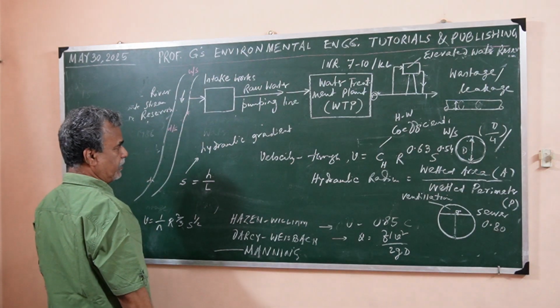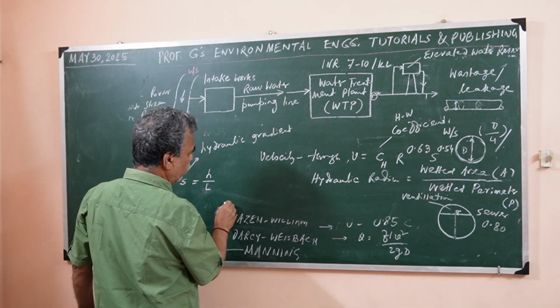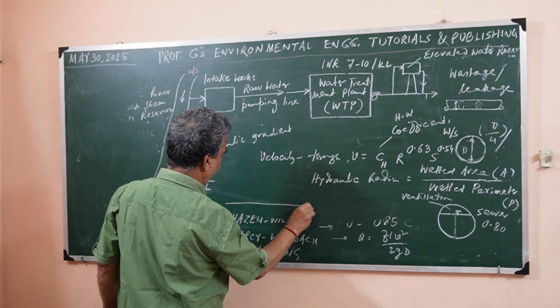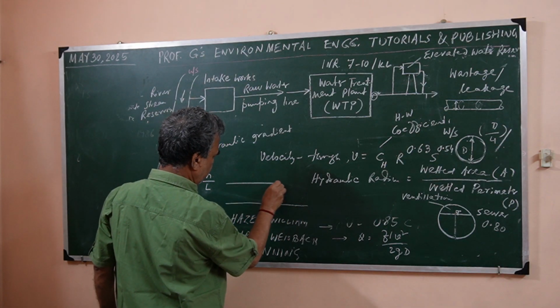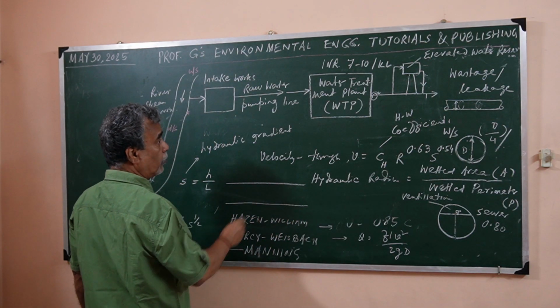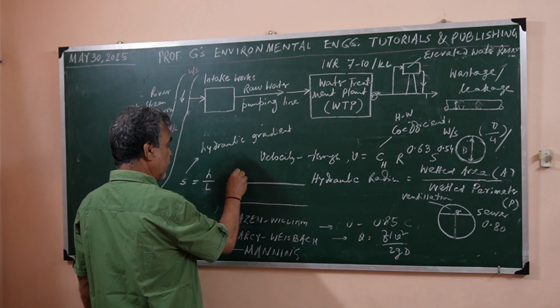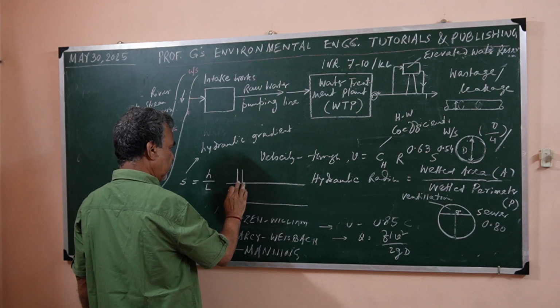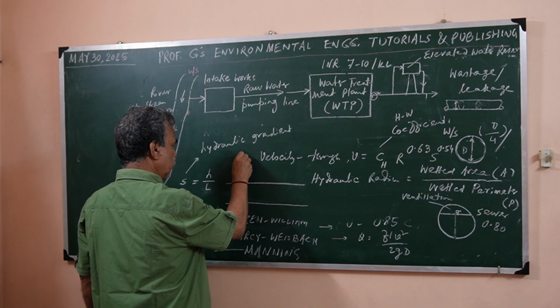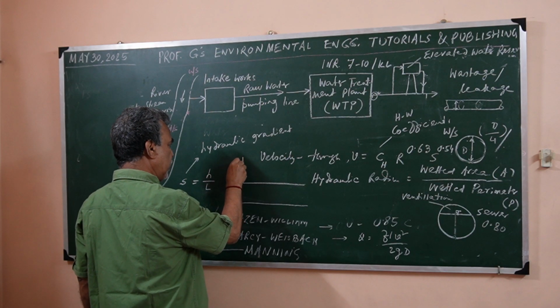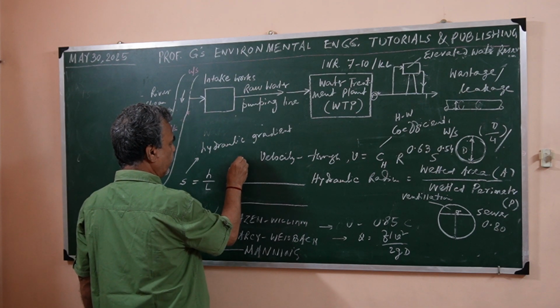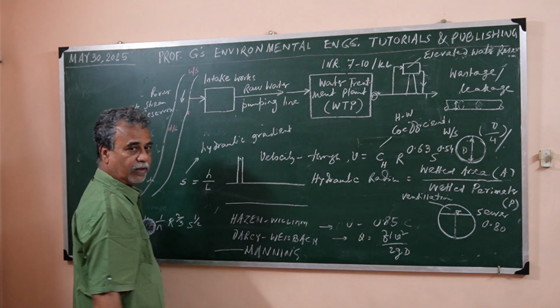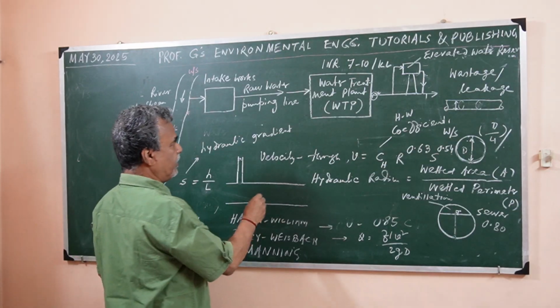Suppose I am drawing here just for illustration purposes. This is the sewer line flow, or water supply line. Here, if you puncture this, suppose this is punctured, then as it is flowing under pressure, the water will rise here.